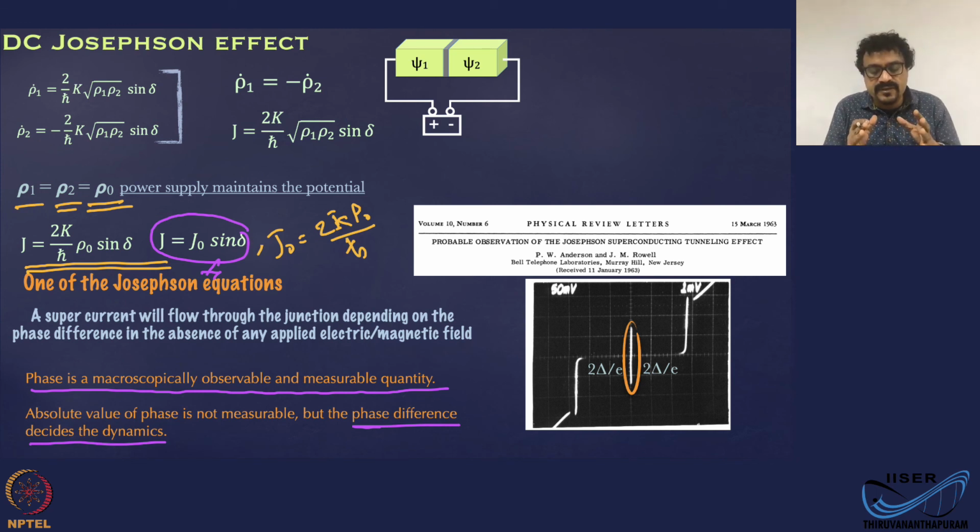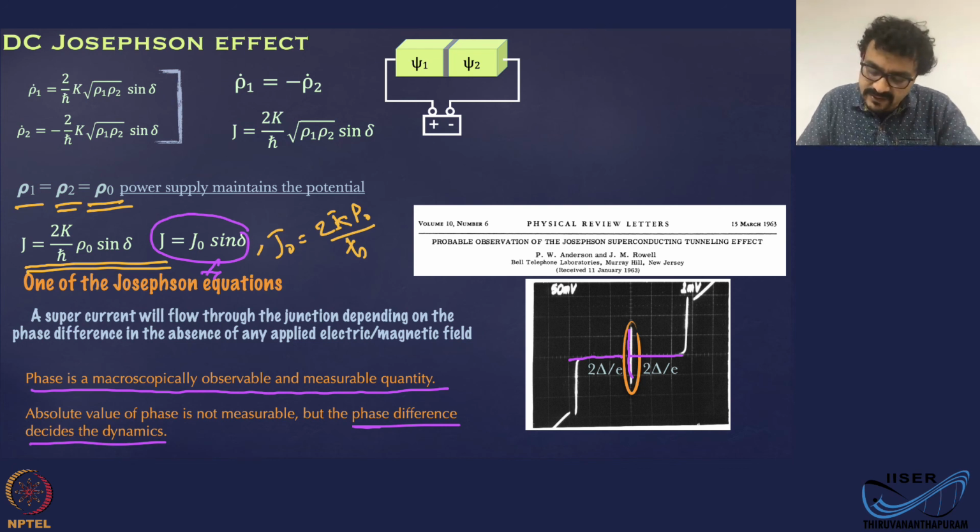So even though you have no voltage, just because the phase of the Cooper pair condensate on either side is different, you can have a current flowing through at 0 bias. And that was measured very early, in 1963, in this paper. What you can see here is in the center a peak in the current, and then no current, because this is the gap.